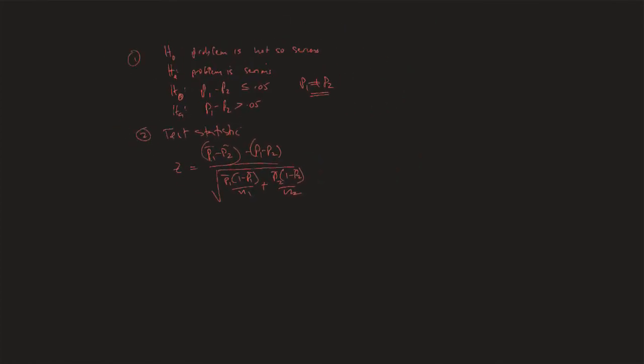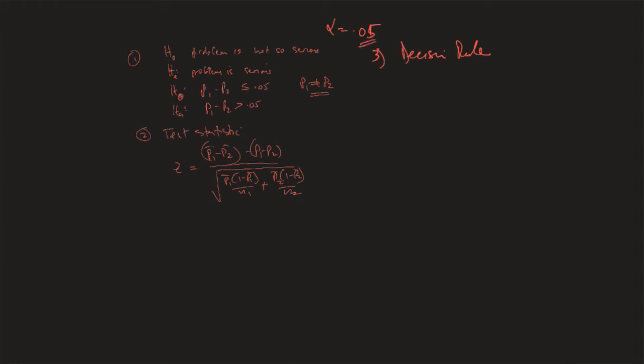3. So 3 is the decision rule. This is still a one-tailed test. We will actually keep alpha at, say, 1%. All right? Actually, let's just change alpha to 5%.